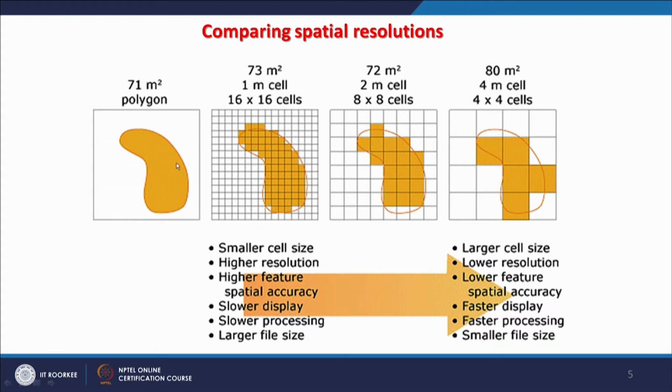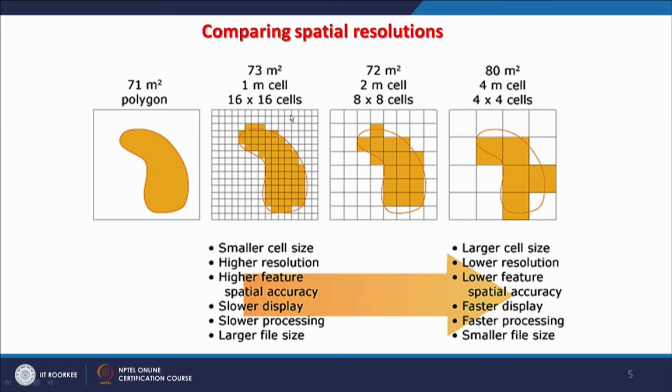When we overlay a grid of 16 by 16 cells, where the cell size of this grid is 1 meter, the area we get for only the shaded yellow part is 73 square meter, whereas the actual polygon area is 71 square meter.